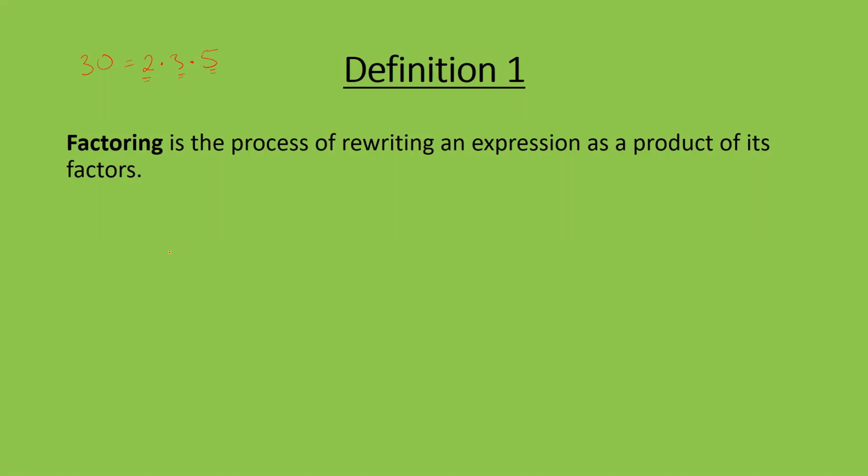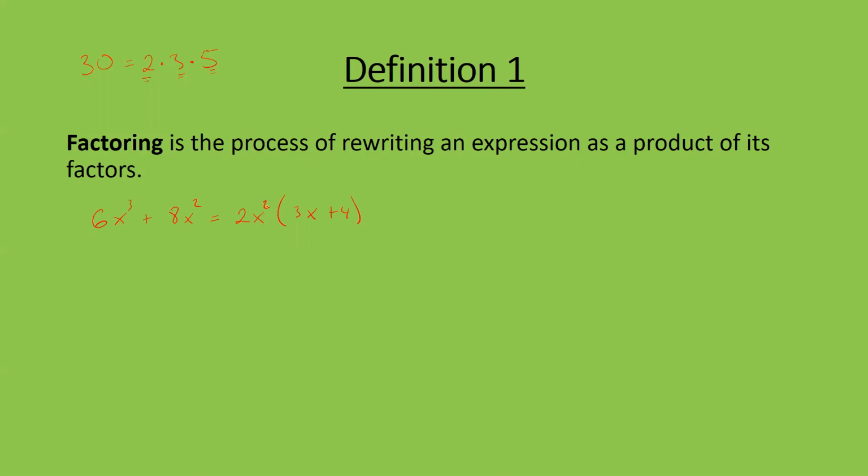In algebra, things are slightly more complex. So for example, if you have an algebraic expression like 6x cubed plus 8x squared, you can rewrite it as 2x squared times 3x plus 4. This would be an example of factoring because I rewrote my original expression as a multiplication problem, right?